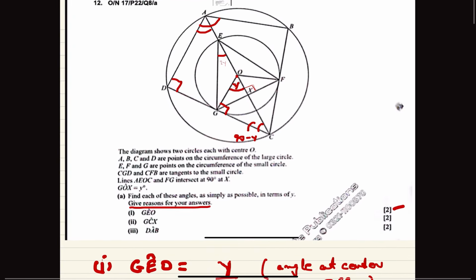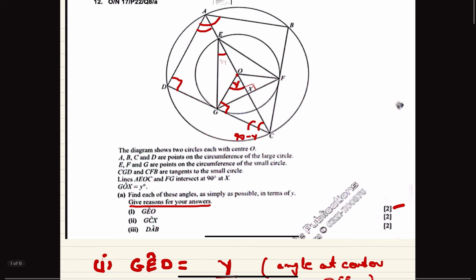ADC is 90, and if this is 90 minus y, so this angle and this angle should be complementary of each other, right? So if I subtract this from 90, I should get this because this is a right angle triangle.